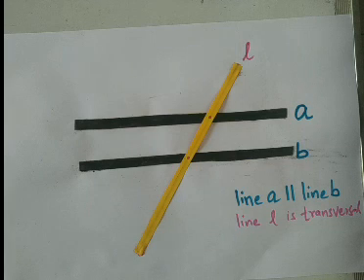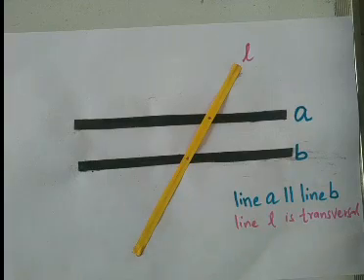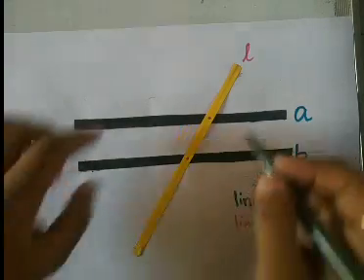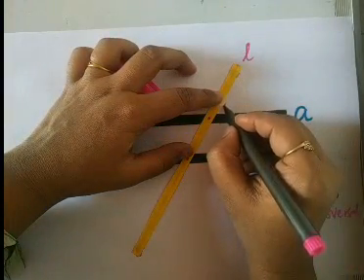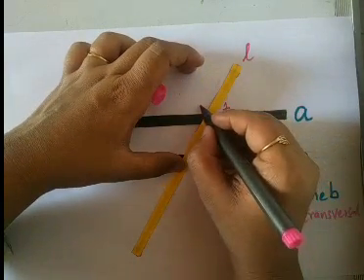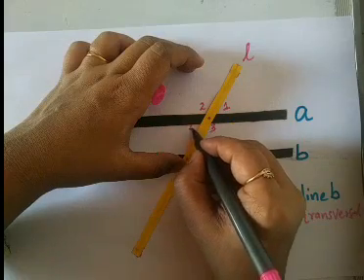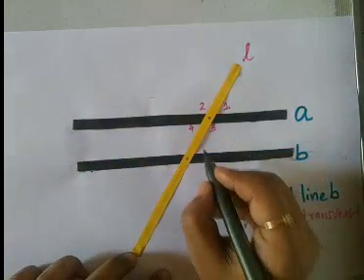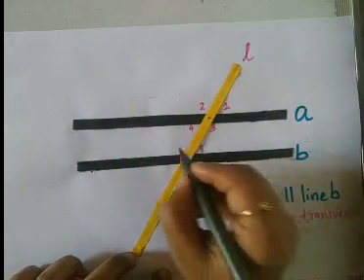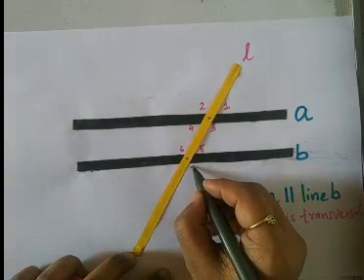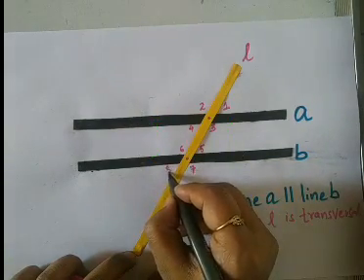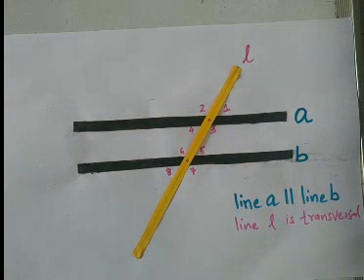What kind of angles are they and how can we find the measure of these angles? Let me give them numbers. Angle number 1, angle number 2, angle number 3, angle number 4, angle number 5, angle number 6, angle number 7, angle number 8. So a total of 8 angles are forming.